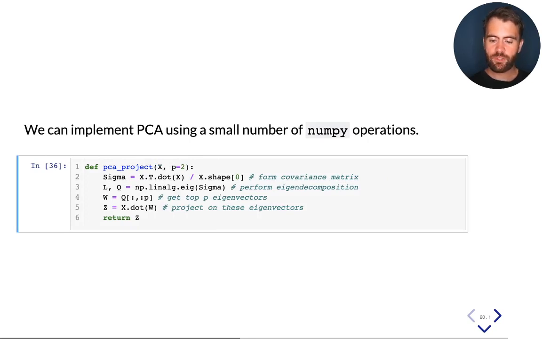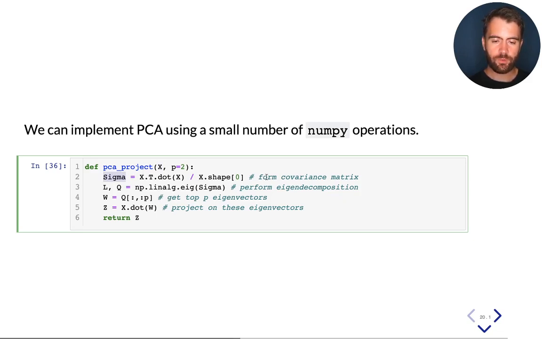Well, the implementation of PCA in NumPy is in fact really simple. X here is our design matrix. It's an n by d matrix, and we can compute the value of the matrix sigma here using a little bit of NumPy.